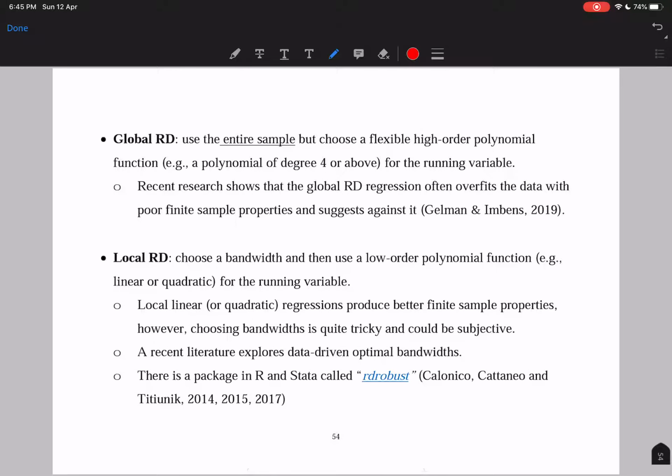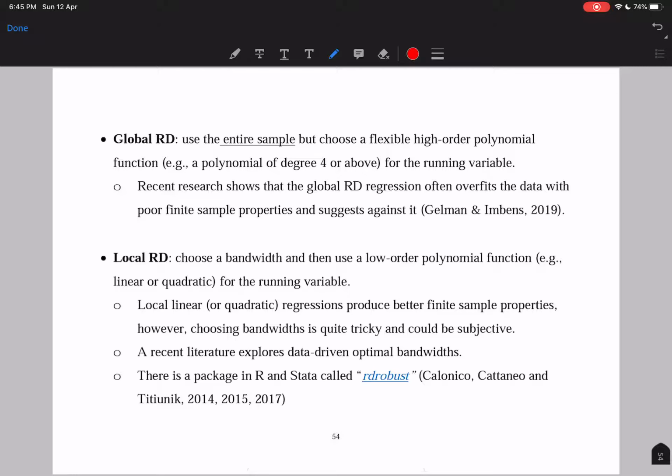Okay, so empirically, there are two ways to implement the RD design. The first one is called global RD. Global RD uses the entire sample, but chooses a flexible higher order polynomial function, typically a polynomial of degree 4 or above for the running variable.